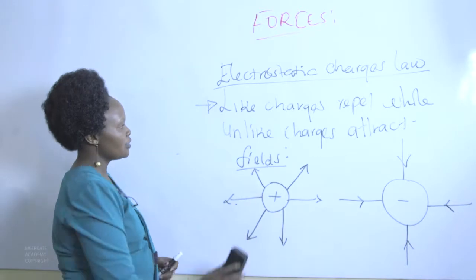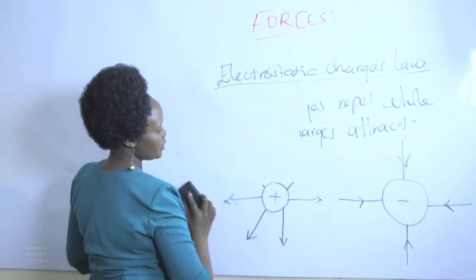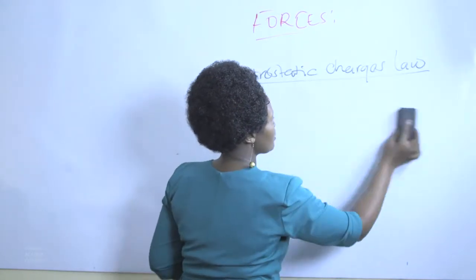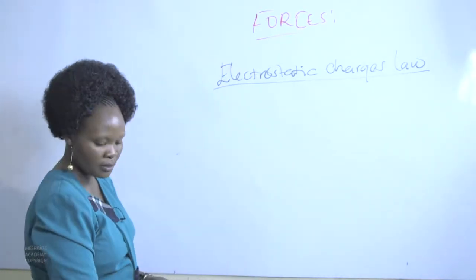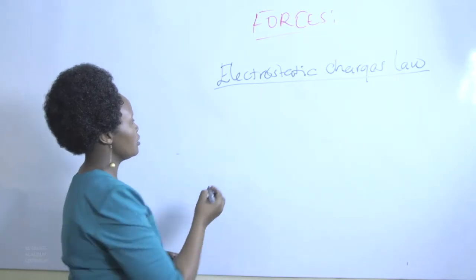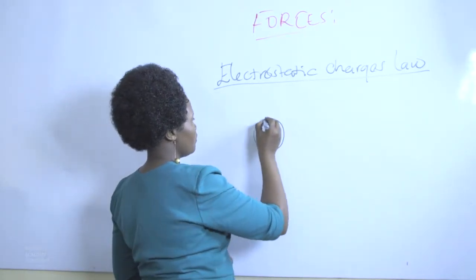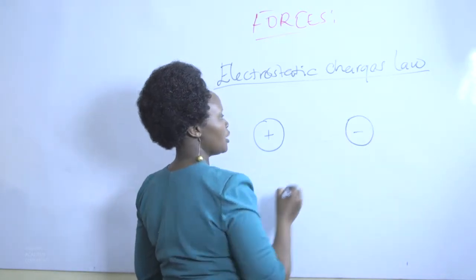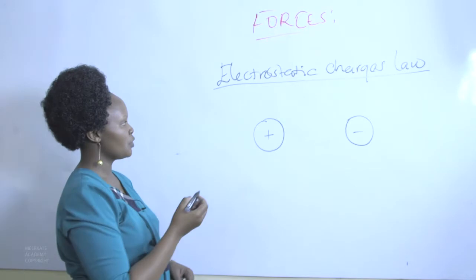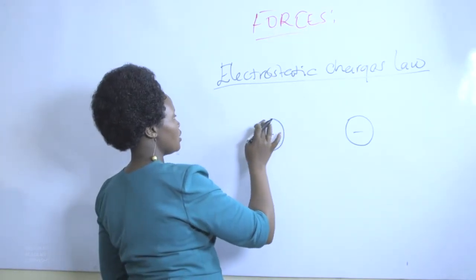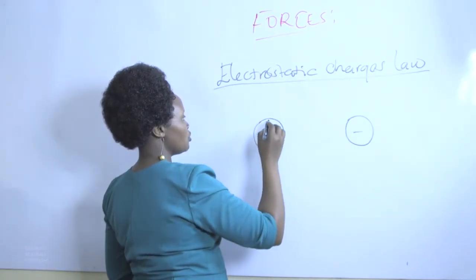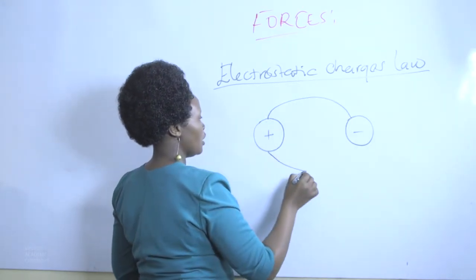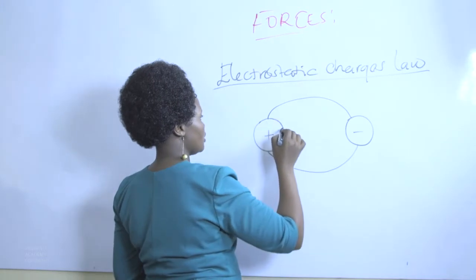Now let us look at fields around different charges. Let us start with a positive and a negative charge, for example. We have said that the lines should originate from the positive and go towards the negative.